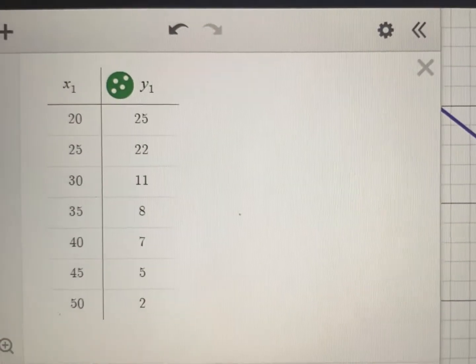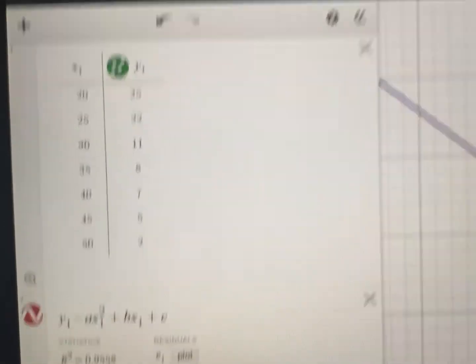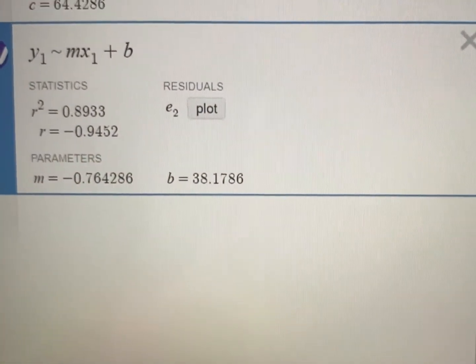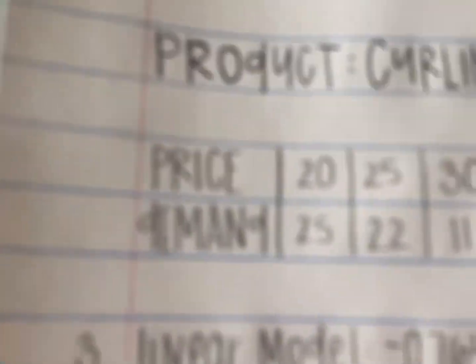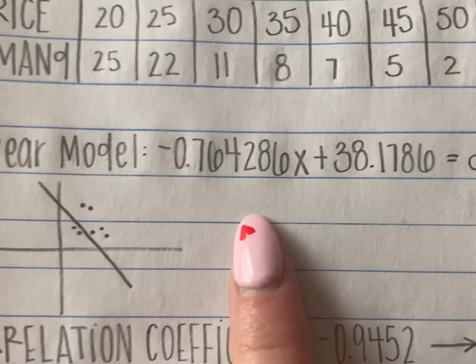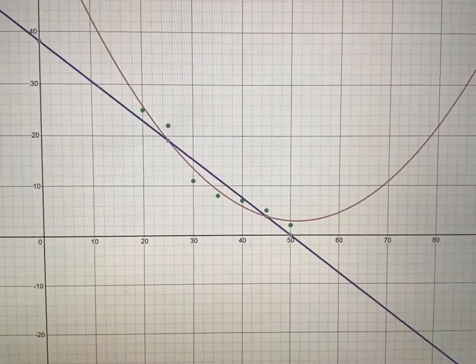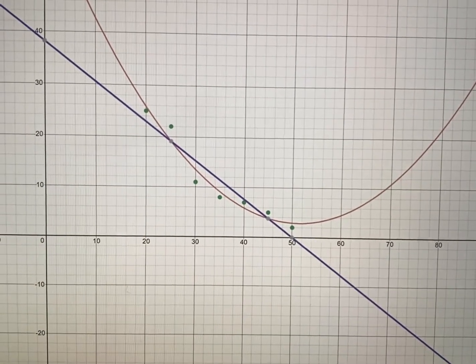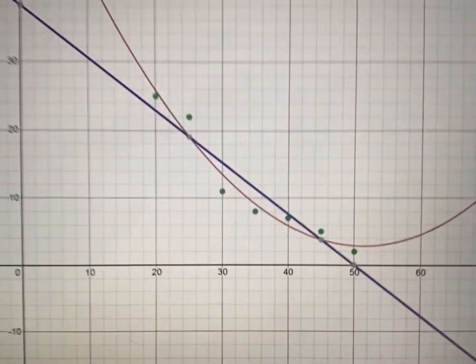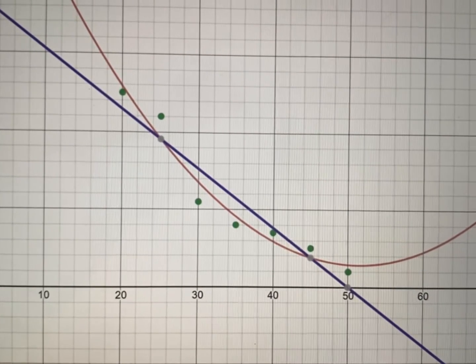I then went and put my data in a table in Desmos and did this equation to find my linear model. So my linear model is going to be right here. The bluish purplish line right here shows the linear equation, and the green dots are the points.